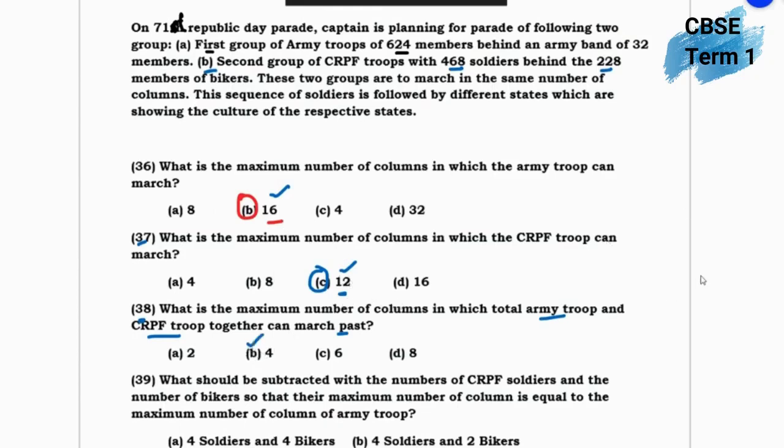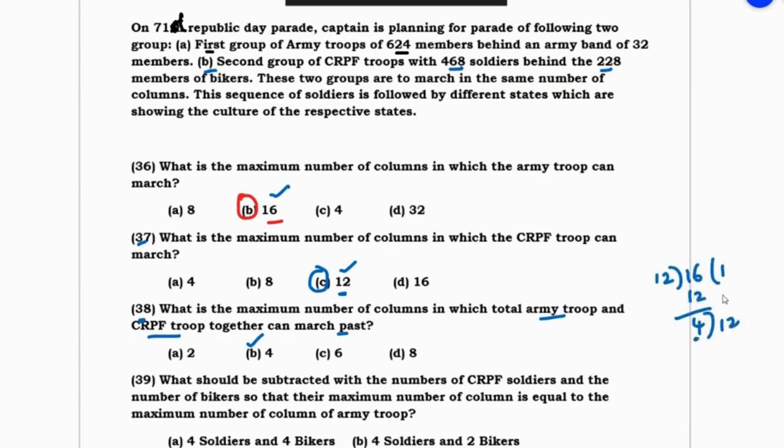Let us find the HCF of 16 and 12 by the division method. 12 ones are 12, and the remainder is 4. Now 4 becomes the divisor, and we take 12 as the dividend. 4 threes are 12, so when we divide 12 by 4, the remainder is 0. Therefore, the HCF of 12 and 16 is 4. So the correct option for the 38th question is 4.